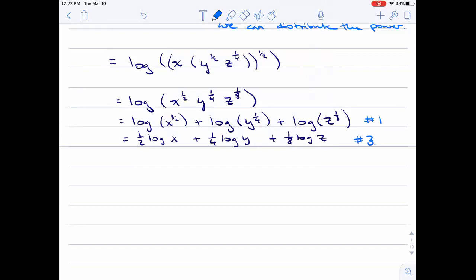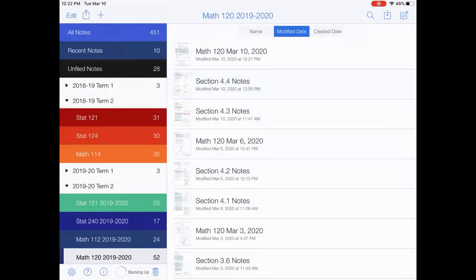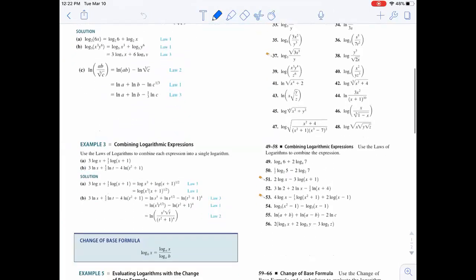What if we want to go the other way? What if we want to combine these? As long as we're working in logs of the same base, we're able to combine these things.